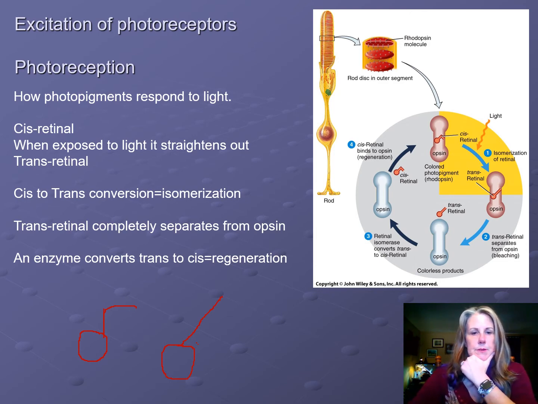Now what happens is that the trans-retinol will completely disassociate from the opsin. They come apart. Okay, they break apart.